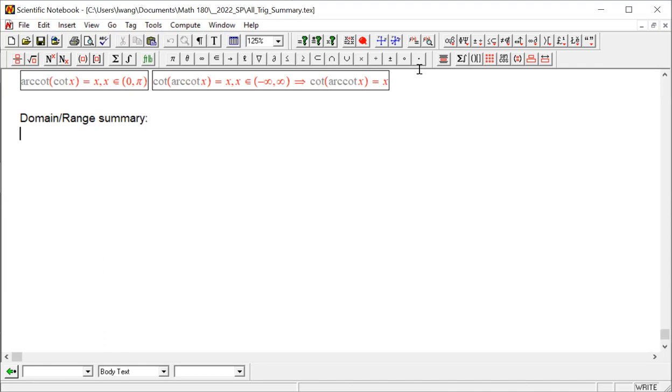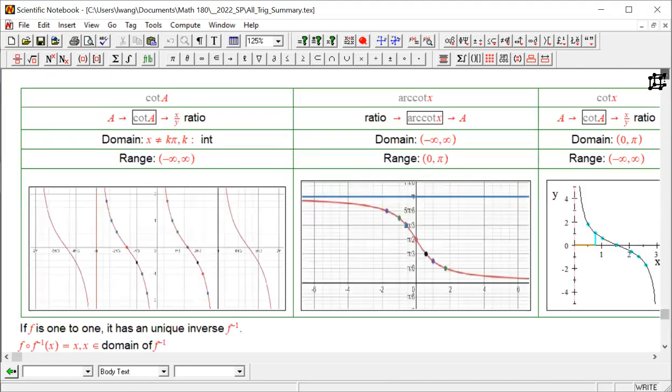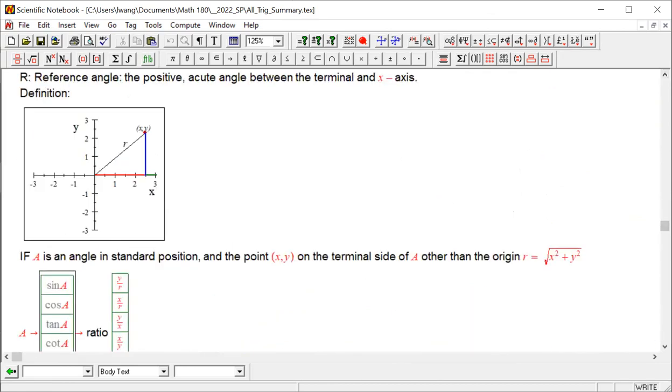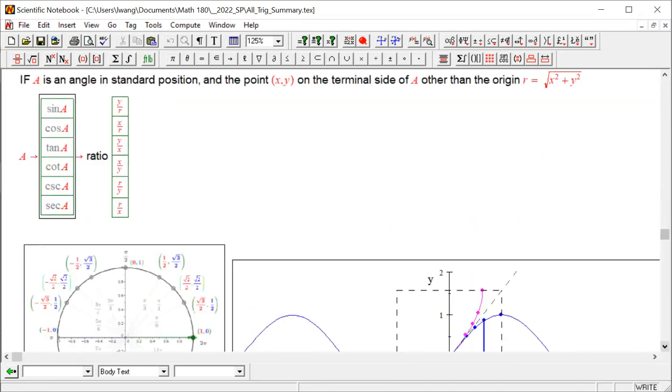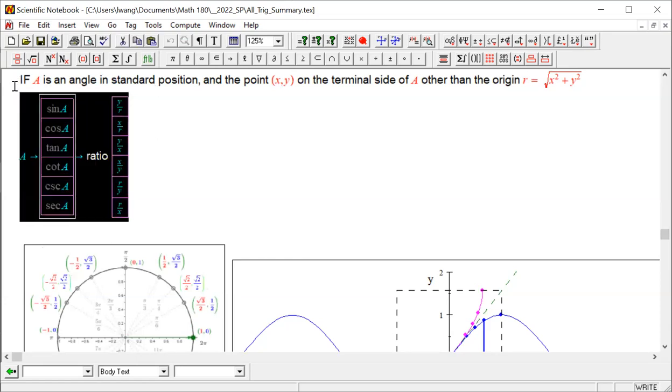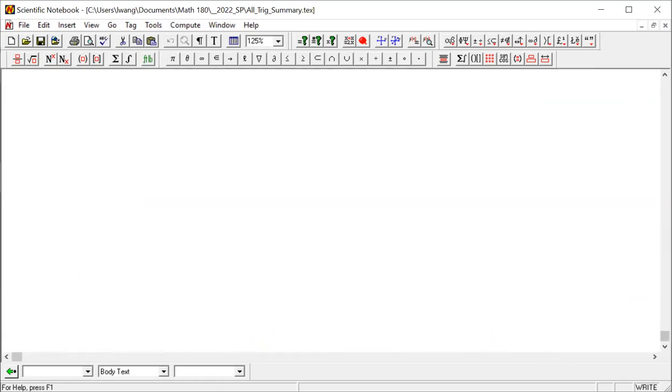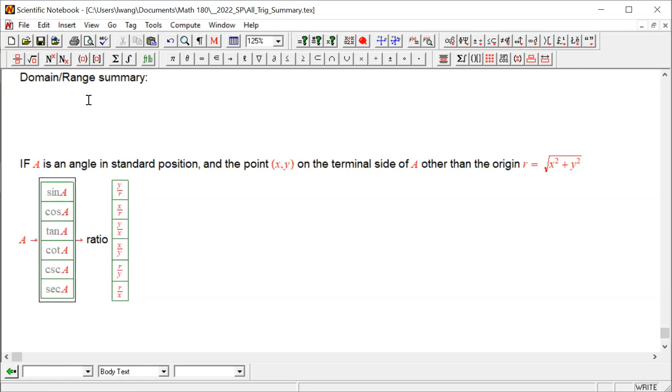The domain and range is very much related to the definition. So here, I'm going to bring that definition with us to make my point. I'm going to put the definition right here.